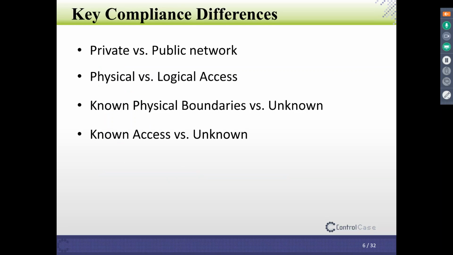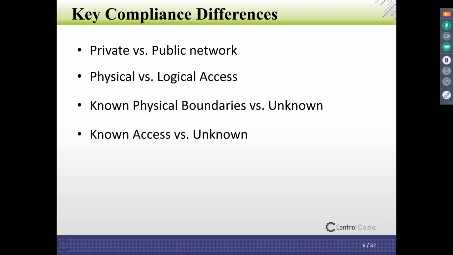The key compliance differences between a regular, traditional in-the-office or hosted-in-the-data-center environment and a version of cloud are, one, the amount of public versus private part of the network. Then physical versus logical. A lot of times physical access is irrelevant in the case of cloud providers.